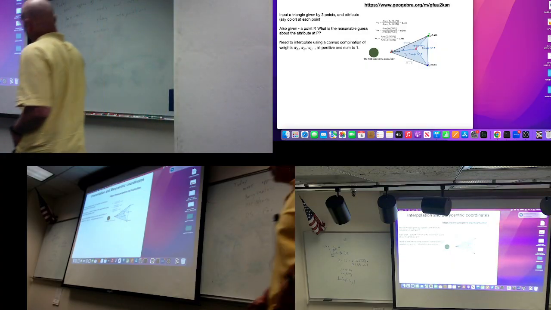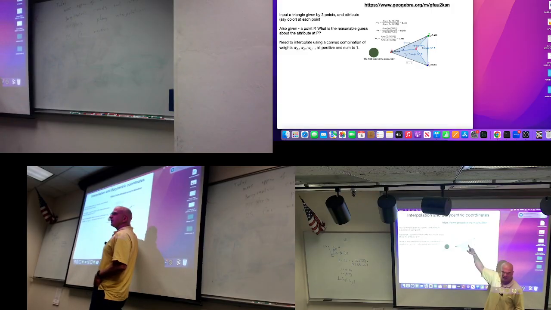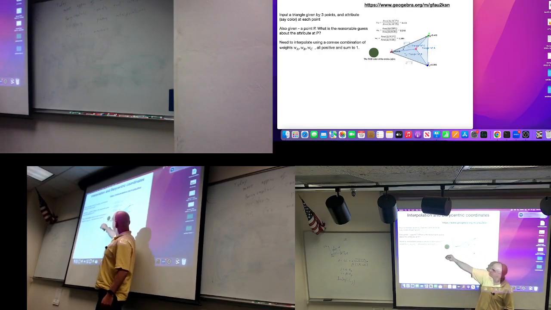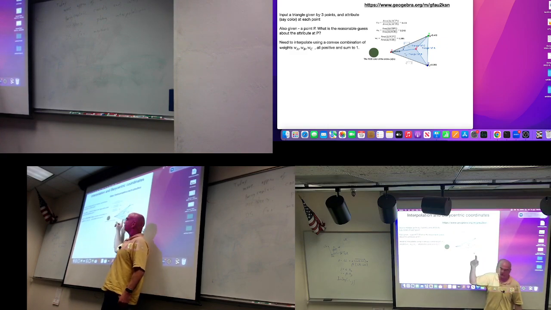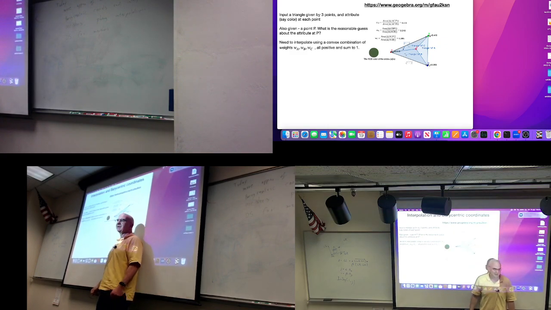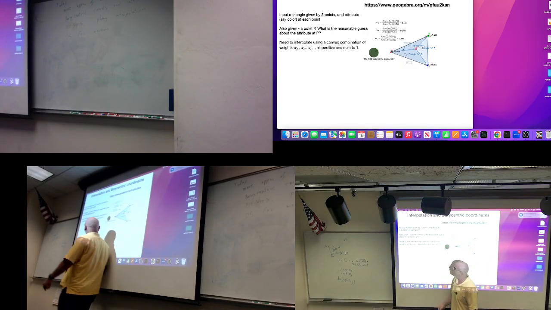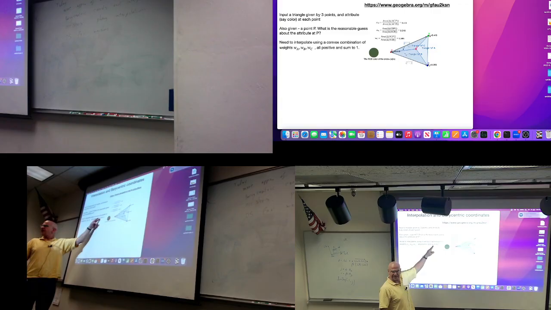I want to look at a triangle and some arbitrary point inside it, and express this point P as a convex combination. Remember this term, we'll use it a lot. A convex combination of three weights. We'll give each vertex a weight, how important or relevant it is for this point P, and we call these weights a convex combination if they are all positive and sum up to 100%.